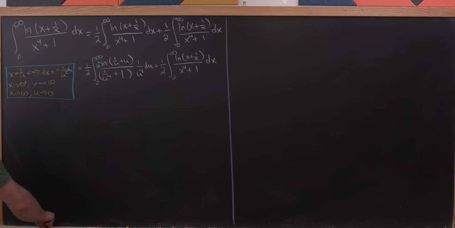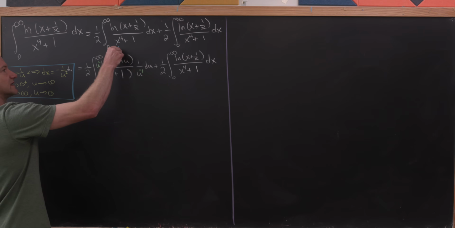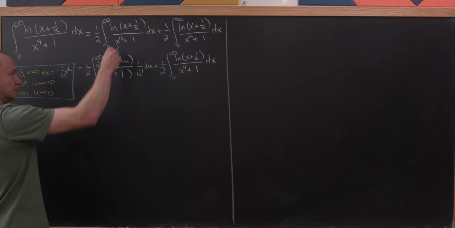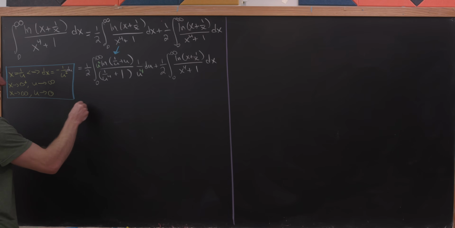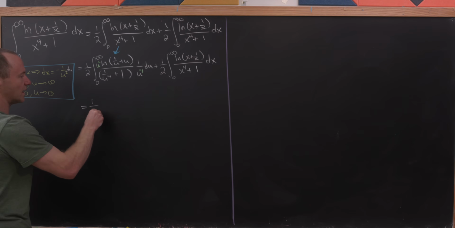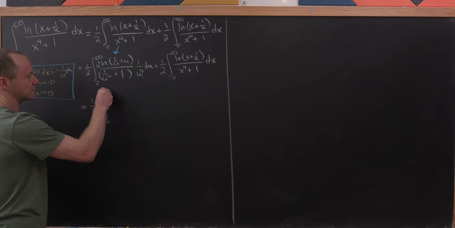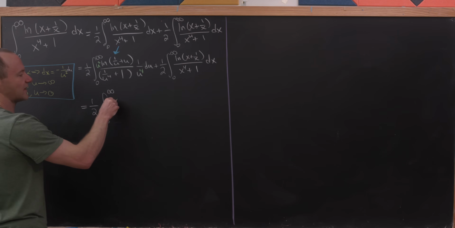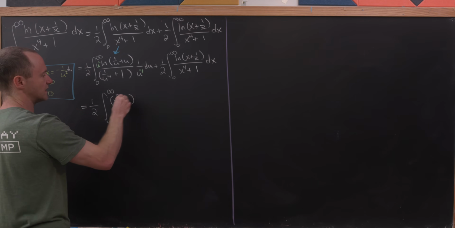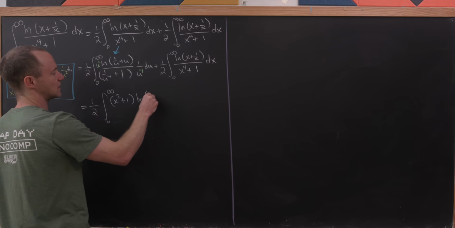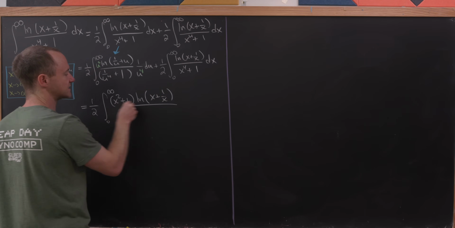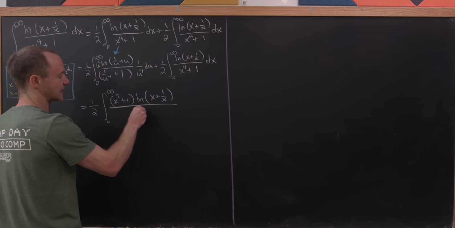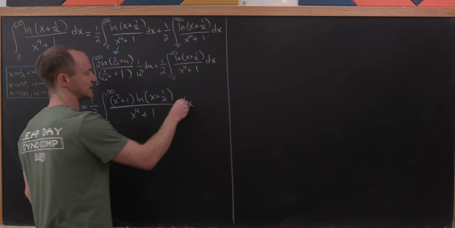And then, well, let's maybe color code this a little bit. So here we made this substitution from here using this blue box substitution. And now I'm going to simply write this as 1/2, and then my integral from 0 to infinity of (x squared plus 1) times the natural log of (x plus 1 over x), and then this is all over x to the fourth plus 1 dx.